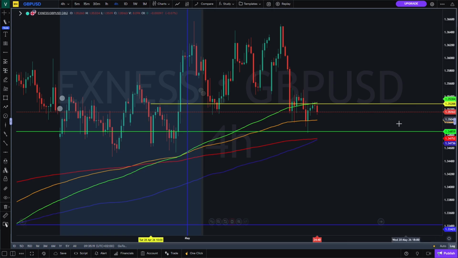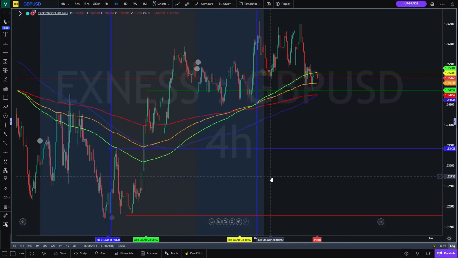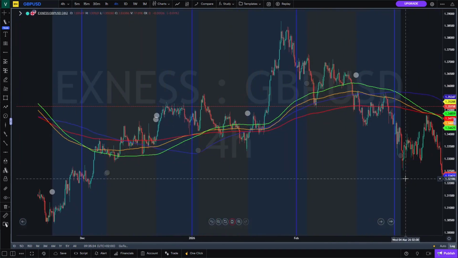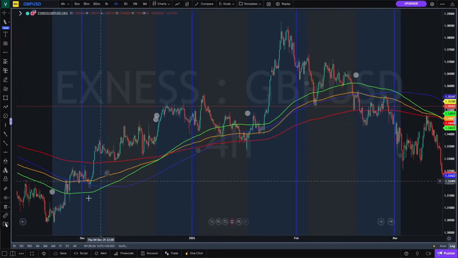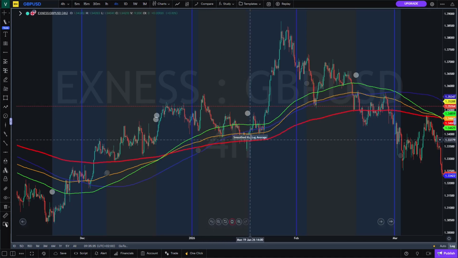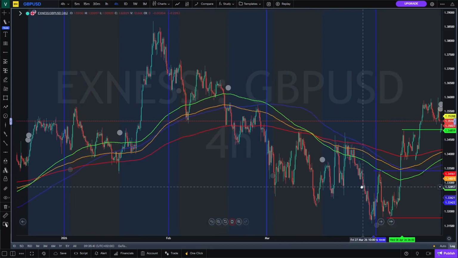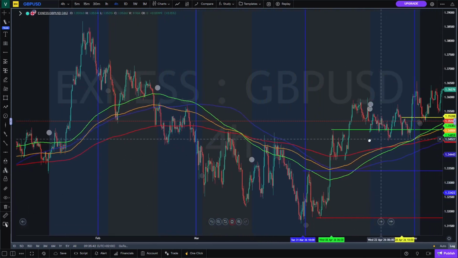We can even just zoom out. Do you see now? Price is above. This is a 200 moving average. As soon as price is above, buyers are allowed, and it even came down here, stayed above, buyers are allowed, but as soon as it went down, now it was time to sell and it went up again.